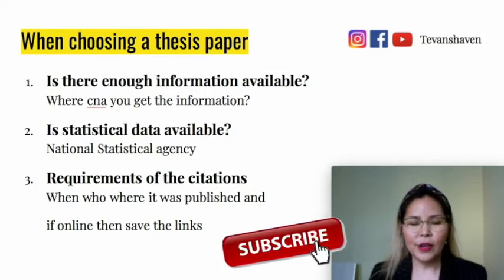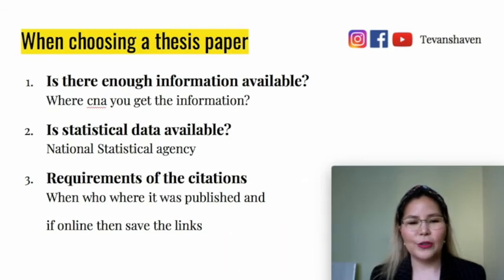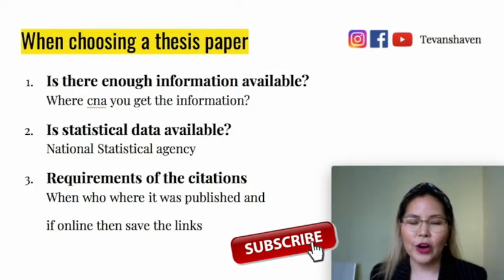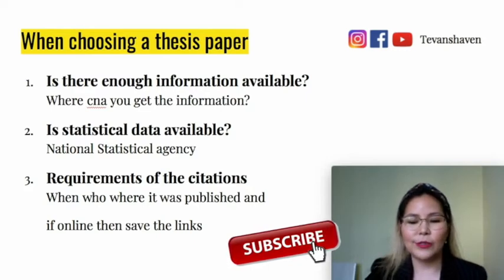Also, when you're doing citations, note when it was published and where it was published, and save the link in a document for later reference. Not all of my research citations were actually included in my final research project output.